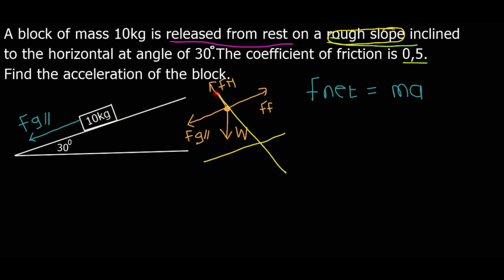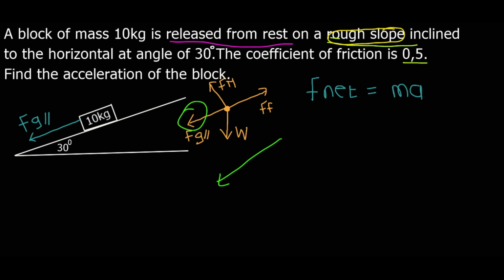This is Fn, they are not parallel. So for F net, we substitute the frictional force and the gravitational force. And remember, the direction of motion is always positive. A force in this direction is positive.